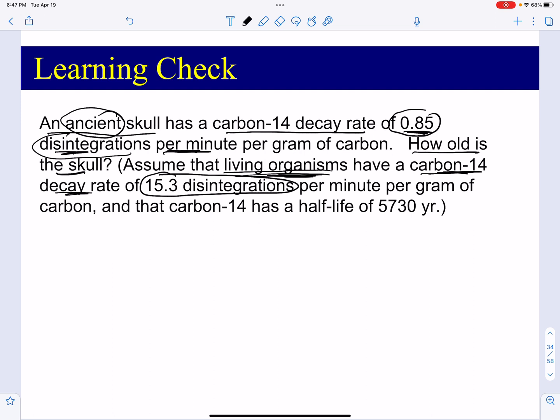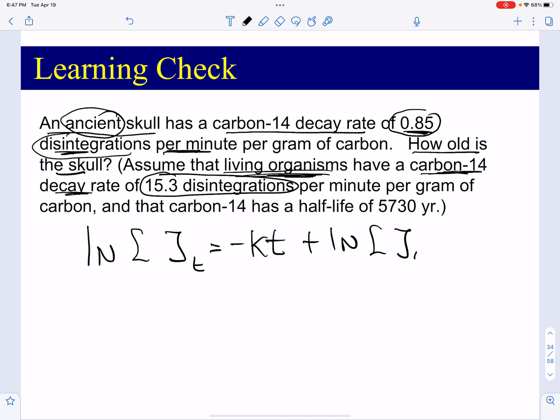Well, you know this is radioactive decay, so you know it follows first order kinetics. So we use the integrated law for first order reactions, which you're used to seeing like this, from the last time you were exposed to it. But those brackets are concentrations, and we're not dealing with concentrations anymore.